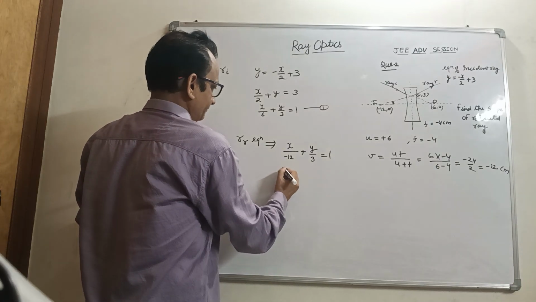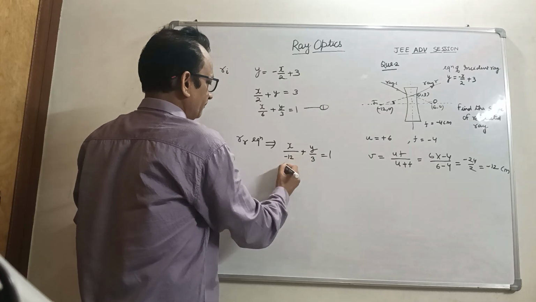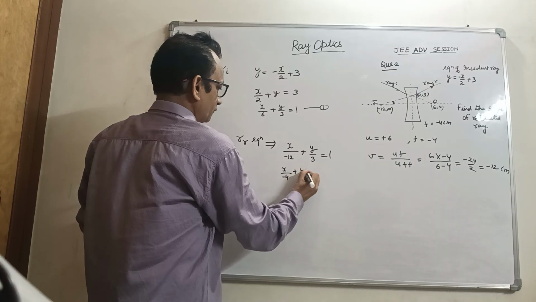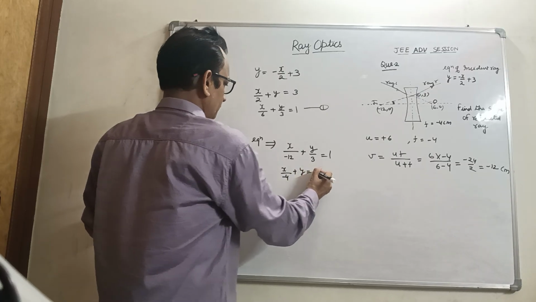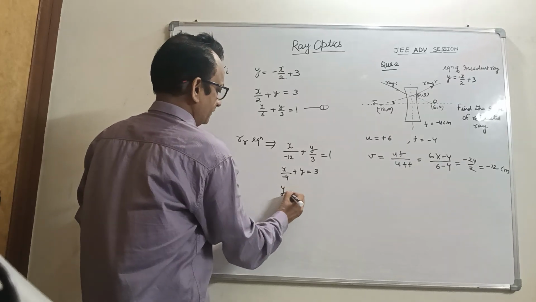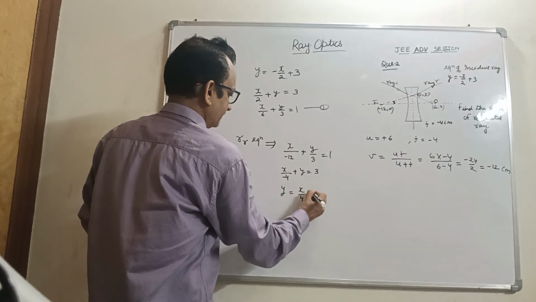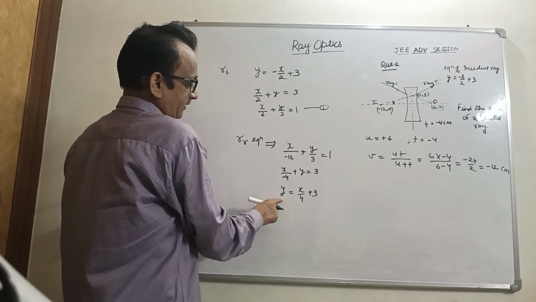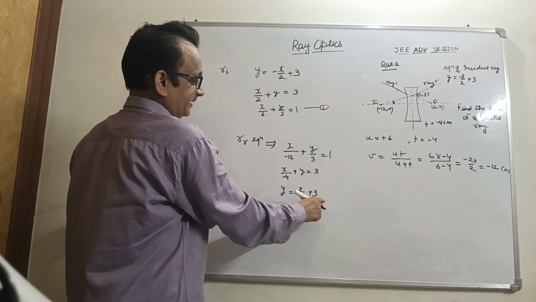So we write here, multiplied by 3. So x over minus 12 plus y over 3 is equal to 1, multiplied by 12. So y becomes x by 4 plus 3. So here this equation is y is equal to mx plus c.